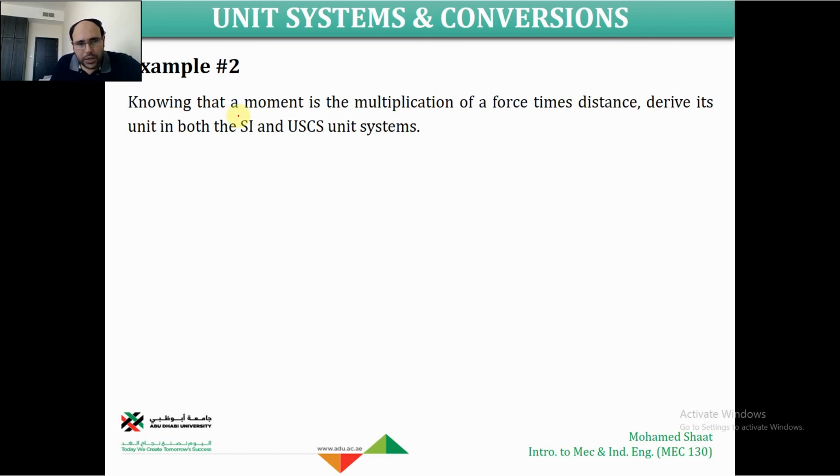Let us consider another example, which is example 2. Knowing from physics that a moment is something used for giving rotation to any object, and this will be explained as we move in this part. We are going to discuss this moment and what force and moment mean in more detail.